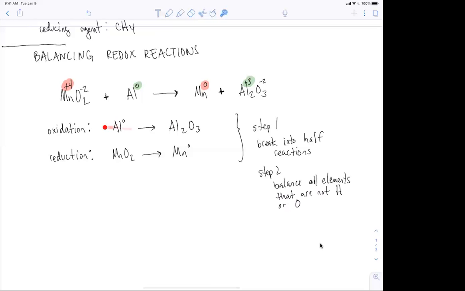So in step 2 of this, we just want to balance out things that are not oxygen or hydrogen. So these oxygens we don't mess with.